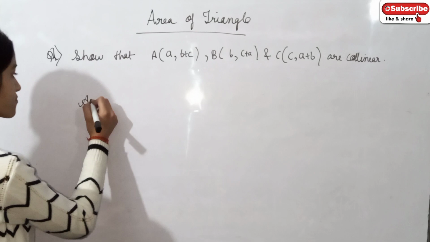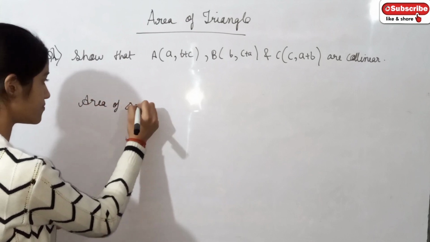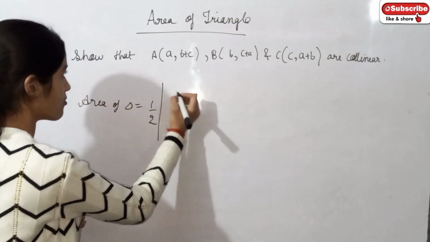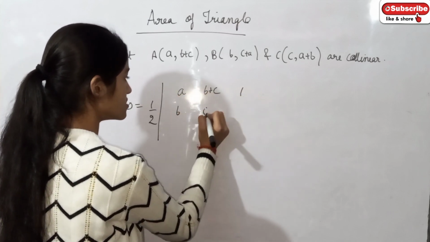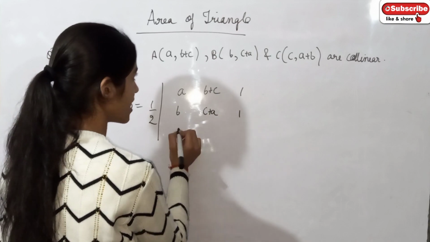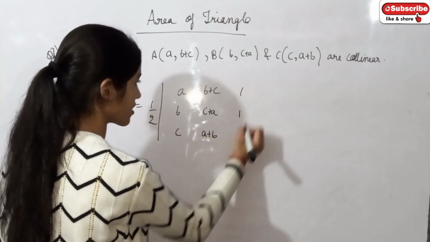So let's find the area of the triangle: half, in the form of a determinant, A, B plus C, 1; B, C plus A, 1; and C, A plus B, 1.